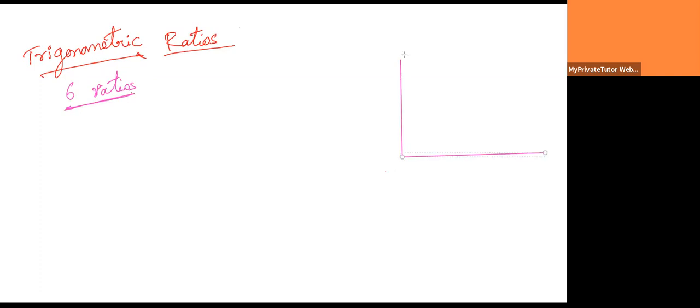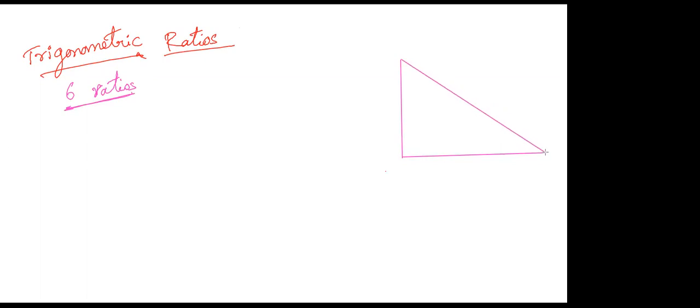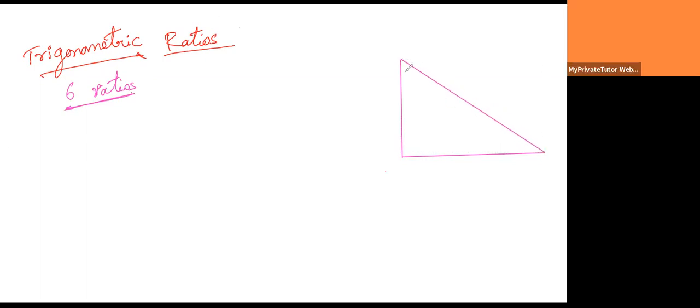For example, just consider this is a right angle triangle A, B, and C. In it we have a right angle, so this is 90 degrees, that's fine. But you can take either C or A as an angle. So I'm going to pick C as the angle here. For that, we have 6 trigonometric ratios.